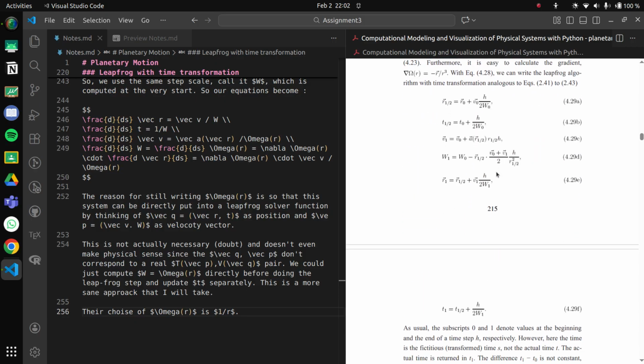This is messed up. Why is this equation going to give you the correct value? The r of half, they said. They're using w naught to do this thing.